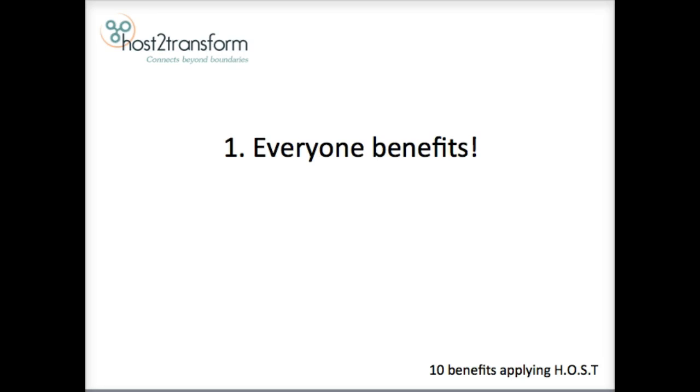So they want to change that, and do this in synchronicity with the lecturers, with the students, and with maybe partners that work with them.